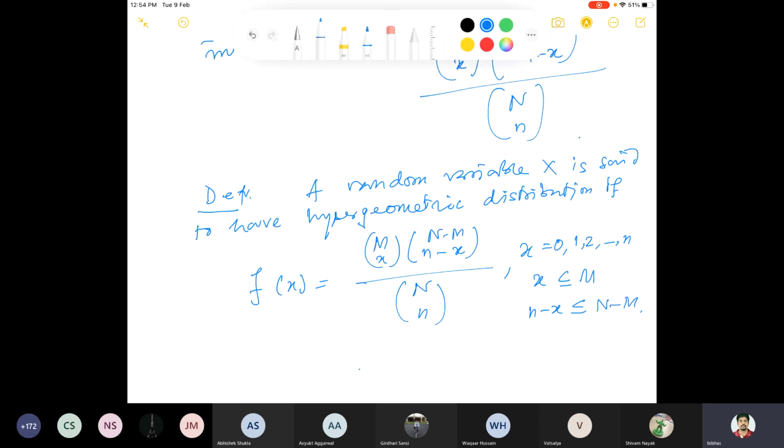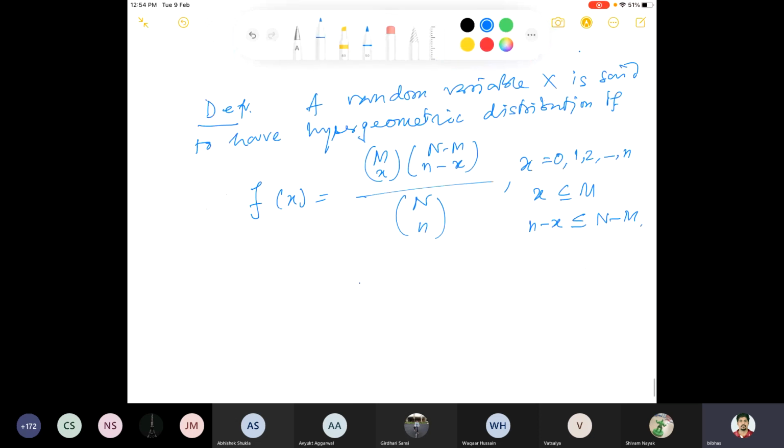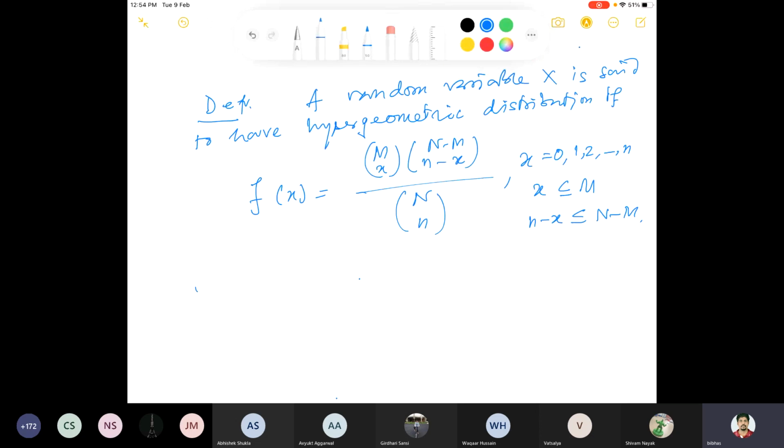Now I have little time, so let us consider an example. Let's say in an air pollution survey, there is a survey about air pollution in trucks.